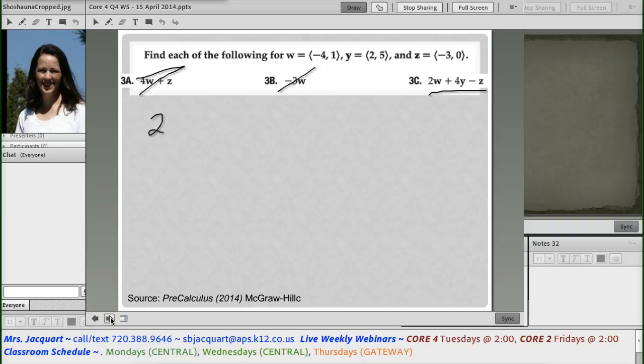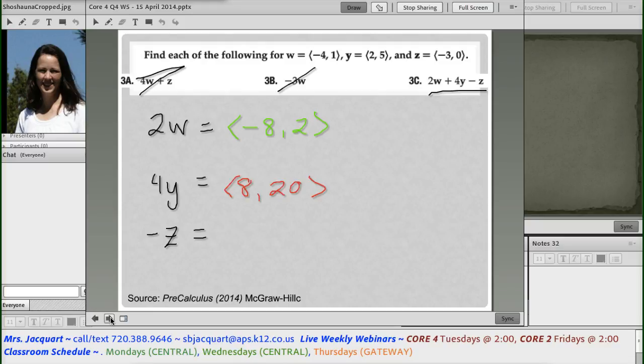So we have 2W plus 4y minus z. Let's do those parts. If I have 2w, that's negative 8, comma 2. If I have 4y, that is 8, comma 20. If I have negative z, that is positive 3, comma 0.